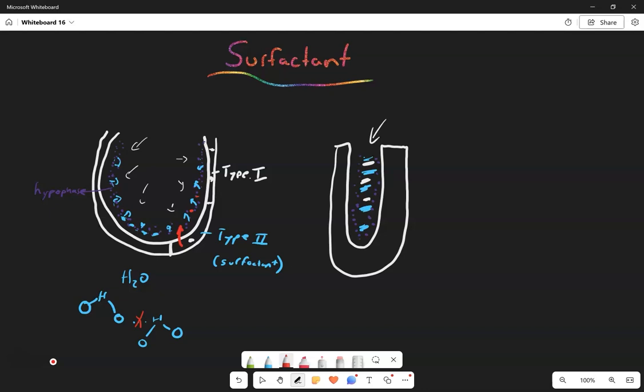And so what that does is it limits this force on the elastic recoil of the alveolus. So that surfactant then will sort of prevent this interaction here, right?